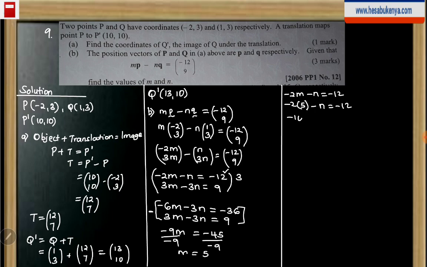So negative 10 minus N is equal to negative 12. So putting the like terms together, we have negative 10 plus 12 being equal to N. Now negative 10 plus 12 is 2, which is equal to N. Therefore, we can conclude that our values of M and N are M is equal to 5 and N is equal to 2.